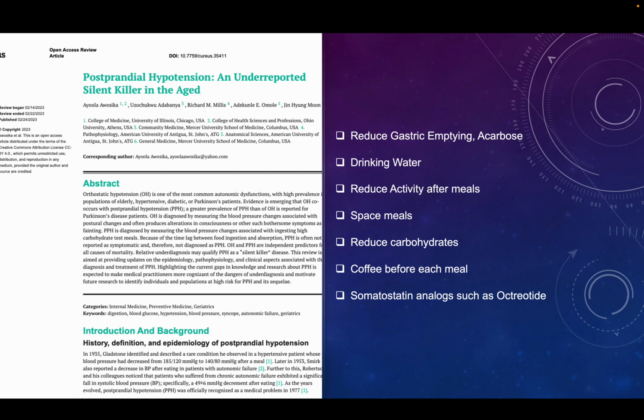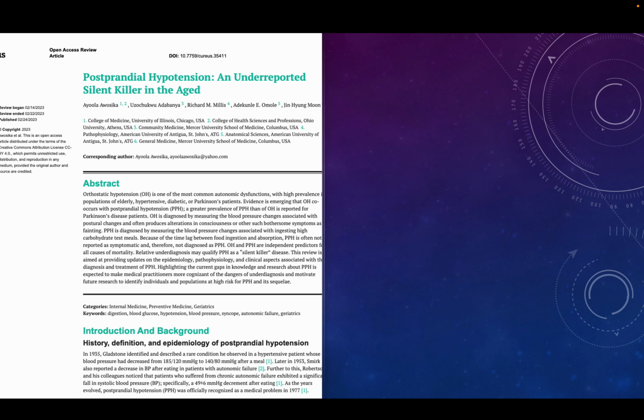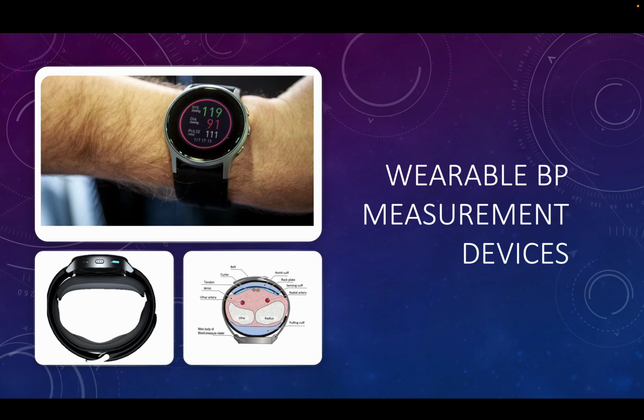So this is something good and new, and we should implement it. Ask the patient about symptoms, because many patients would present with syncope, inability to get up after a meal, or some visual disturbances, hallucinations immediately after a meal. They are related to cortical hypoperfusion because of hypotension.